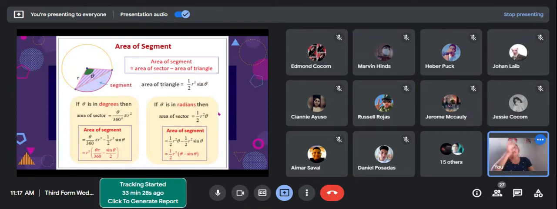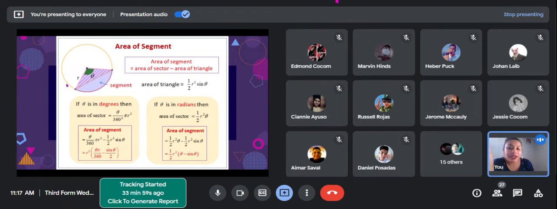So now the formula for area of a segment is a little bit more complex. Why? Because whenever a question asks you to find area of a segment, and if you are planning to take CXC next year, area of a segment is a question that almost every single year comes, because it is finding area of a circle that is more complex than the other parts.